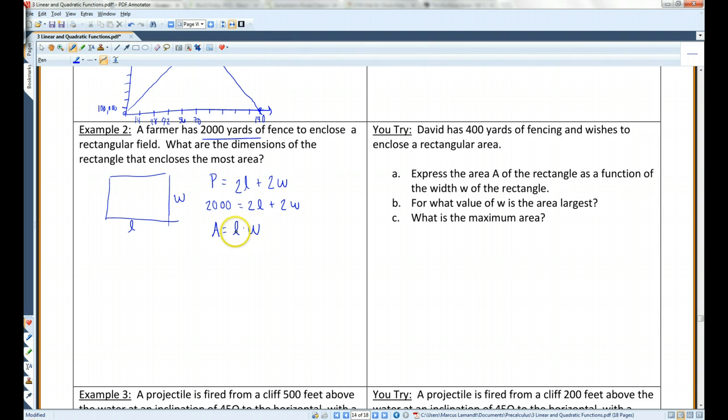So the first thing we want to do is we want to eliminate a variable. Let's get things in terms of W. So I'm going to take this equation over here, and I'm going to solve for W. I'm going to subtract 2L from both sides.